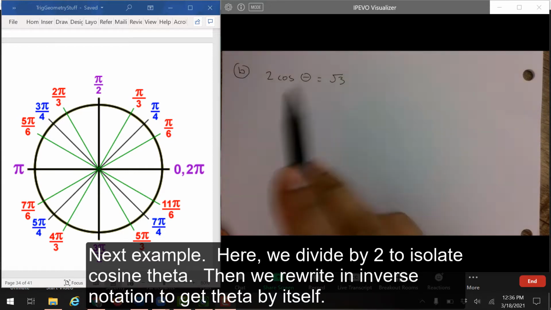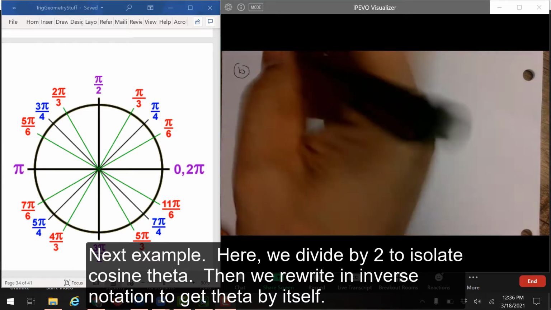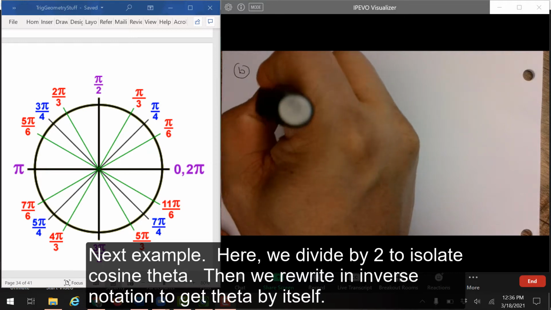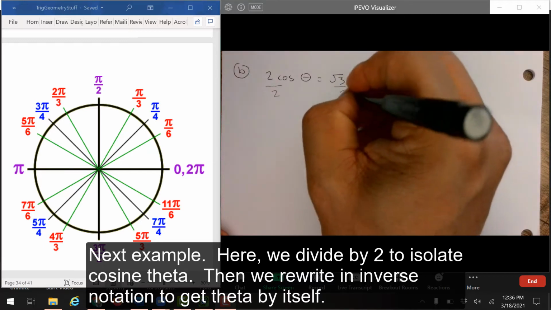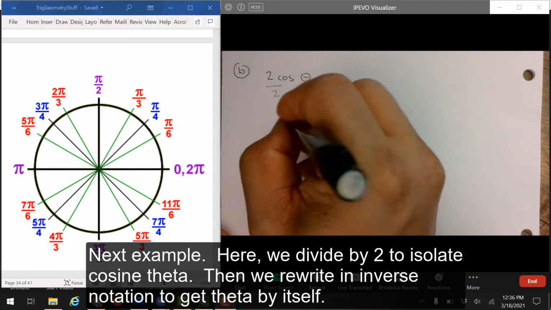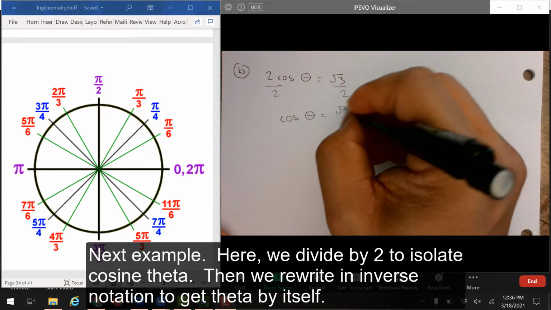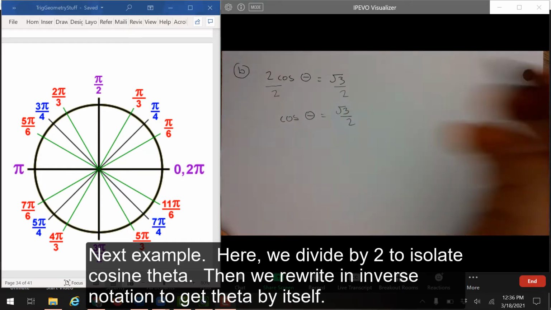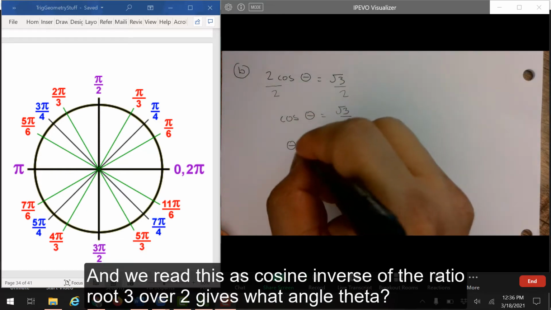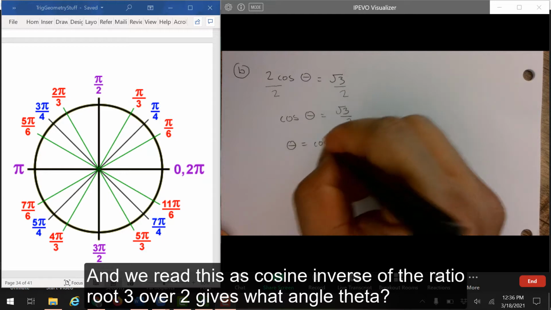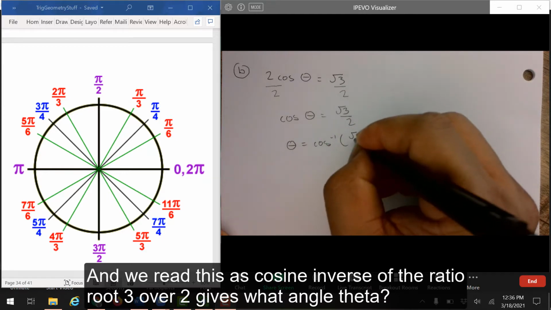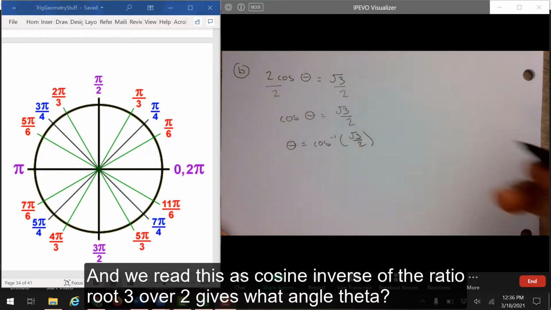Next example. Here we divide by 2 to isolate cosine theta. Then we rewrite in inverse notation to get theta by itself. And we read this as cosine inverse of the ratio root 3 over 2 gives what angle theta.